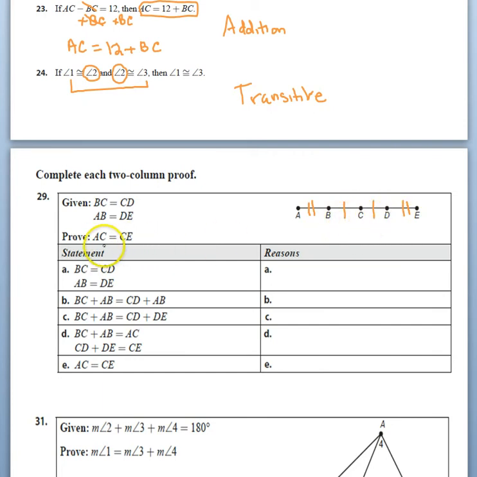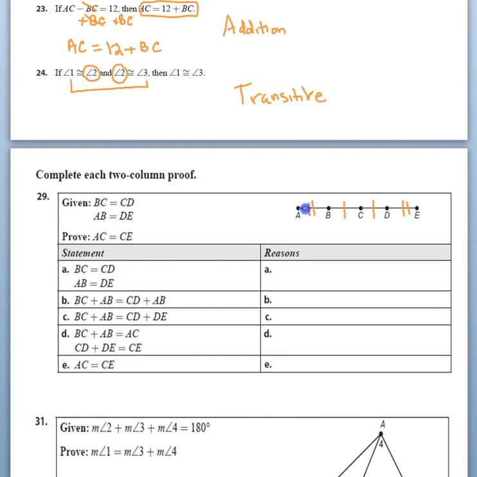Okay? Now what do I want to show? I want to show the prove statement. So given is where you're starting, prove is where you want to end up. We want to be able to know that AC is equal to CE. We want to be able to prove that that's true. So let's look at our segment.